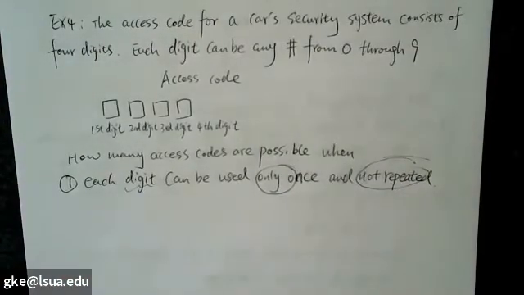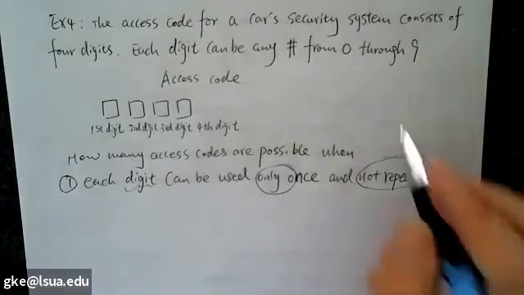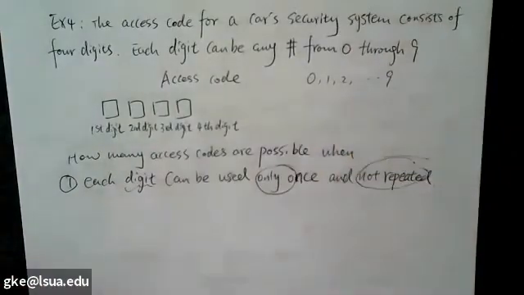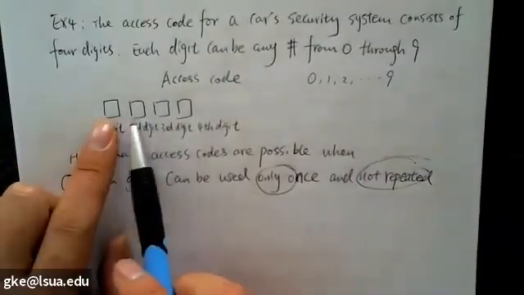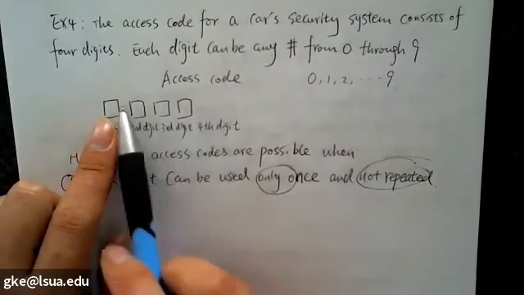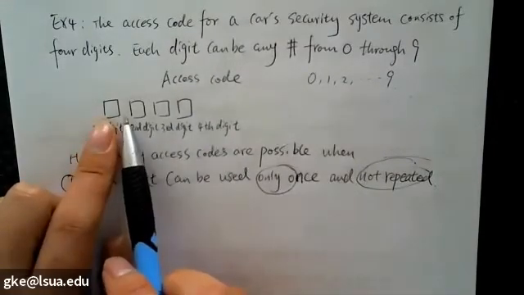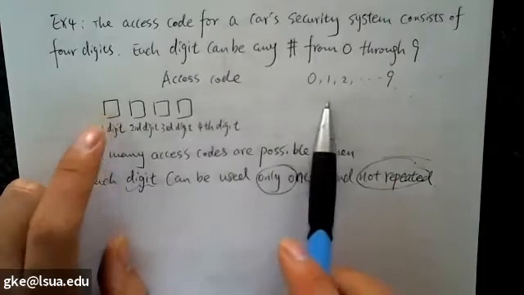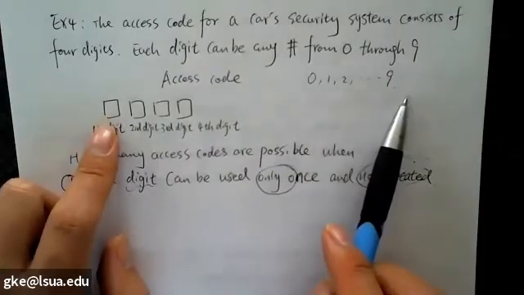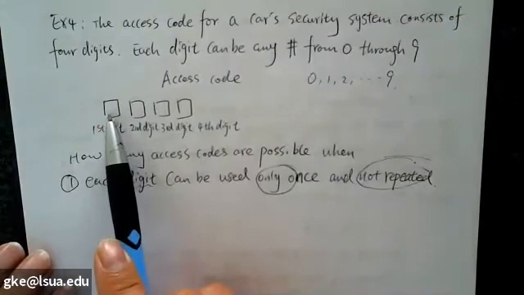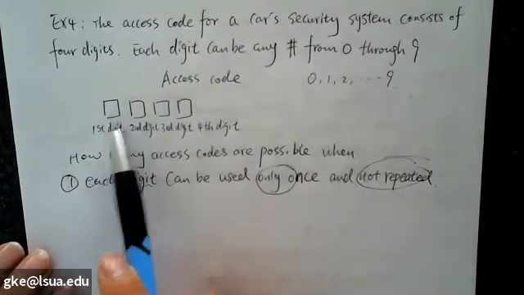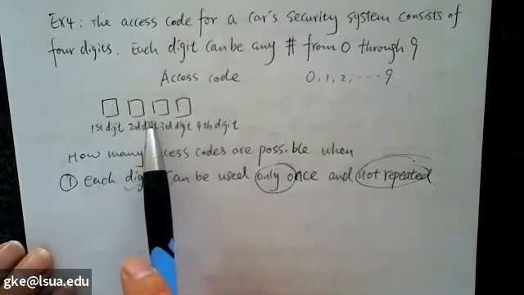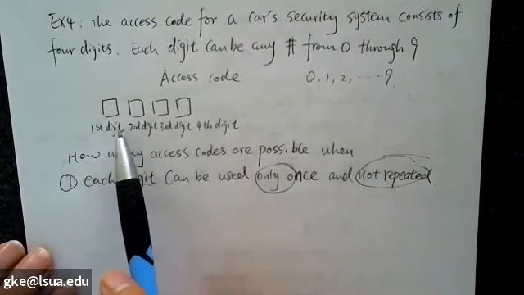Okay. So now basically, you have the numbers 0, 1, 2, 3, and so on to 9, right? And you need to fill these 4 boxes, right? When you fill the first box, the second box couldn't use the same number from the first box, okay?